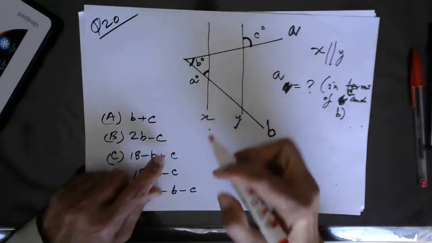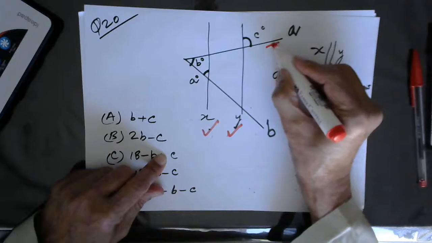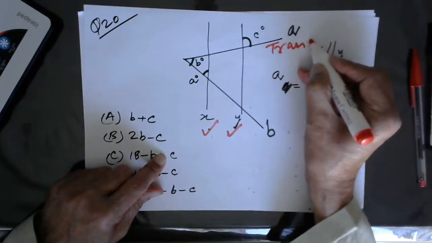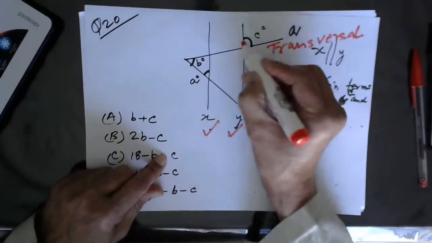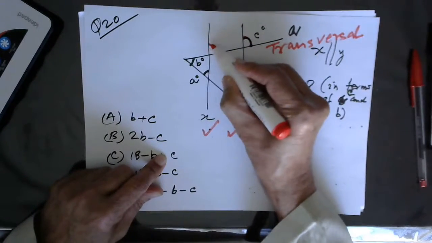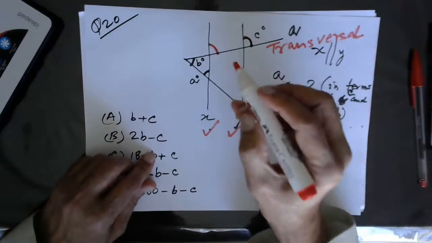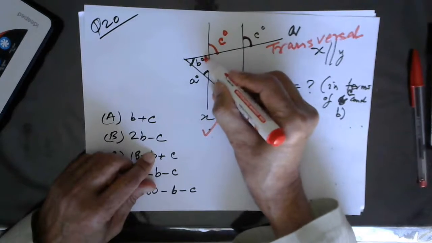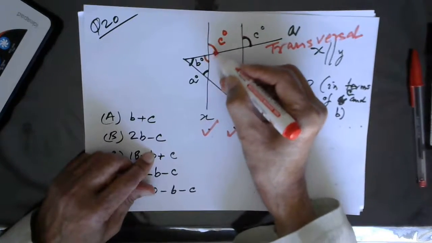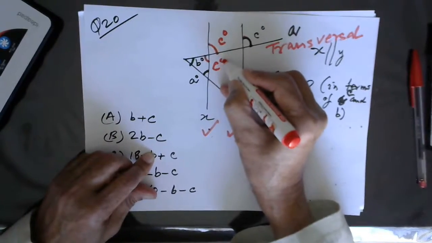Because these two lines are parallel and this is a transversal, this angle C will be equal to this angle. So this angle is also C. And because this angle and this angle are vertically opposite angles, this angle must also be C degrees.